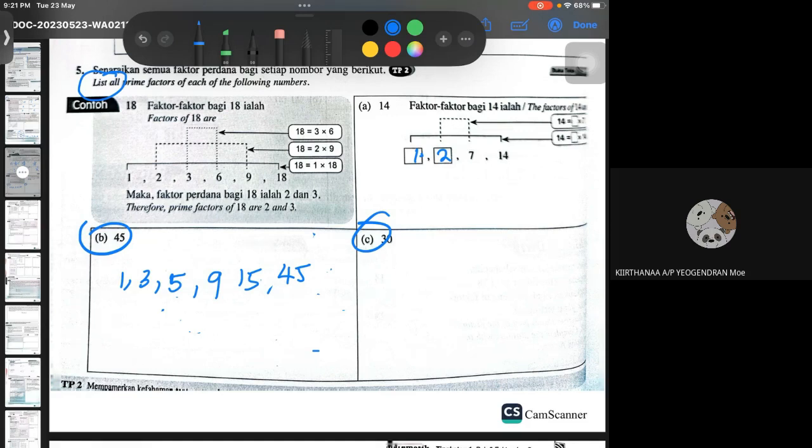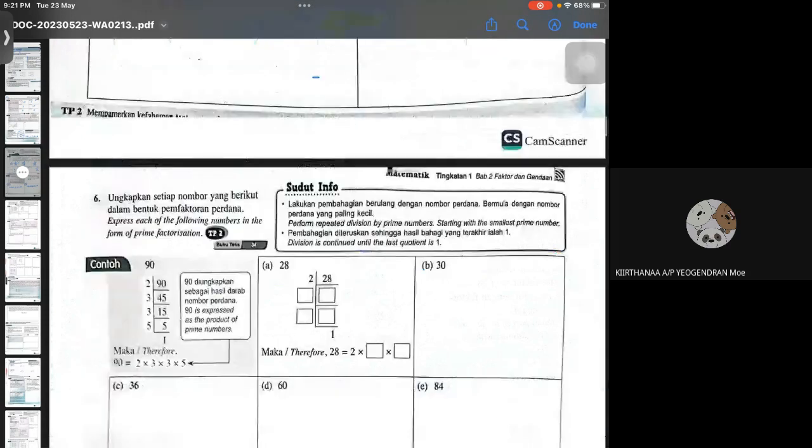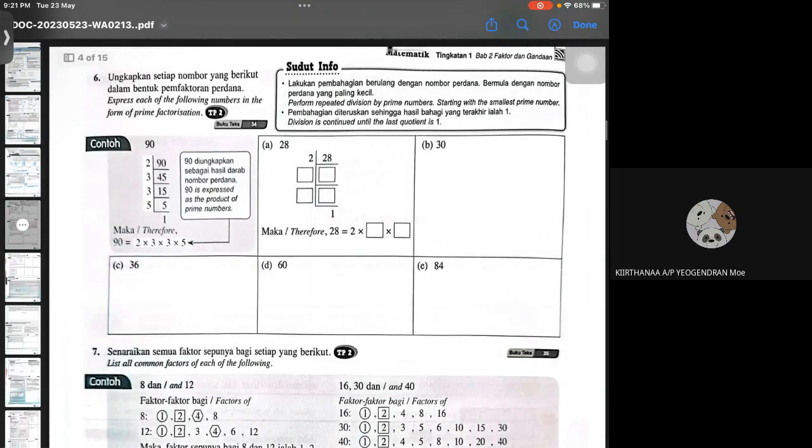And then for this number, so these are the numbers. Okay, this is a long division.